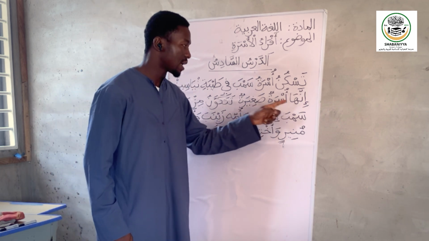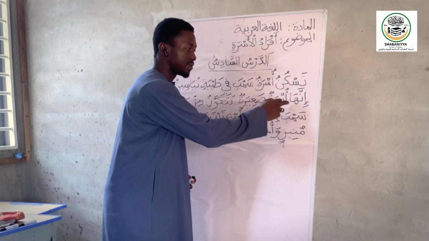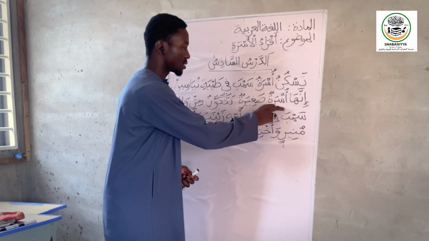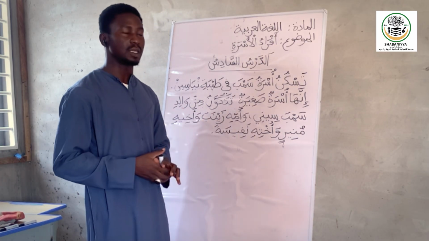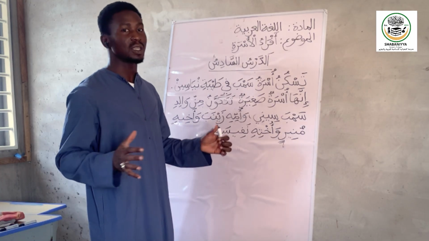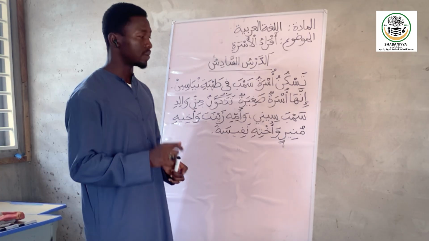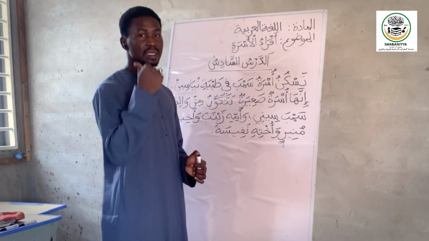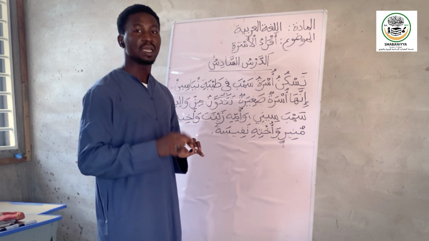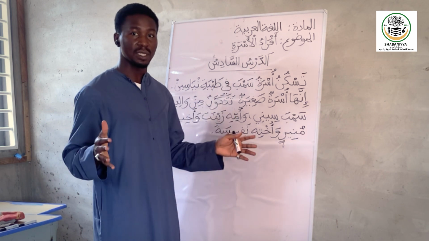So Innaha Usratun Saghiratun. Innaha means verily, or surely, it is a small family. We are saying Samba's family is not big. If you remember our previous lesson, we had Shajaratun Kabiratun, a big tree.